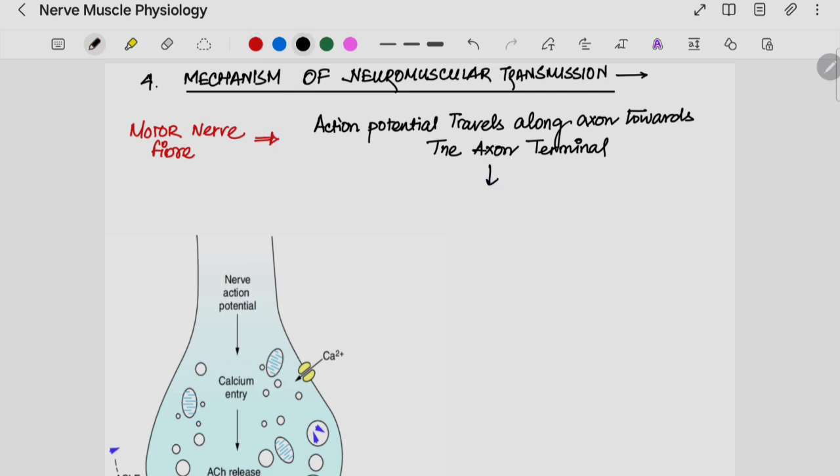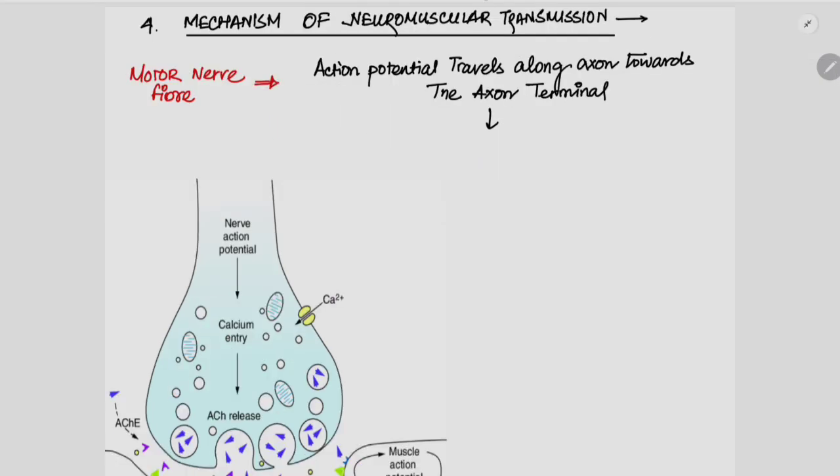Then, opening of voltage gated calcium channels. Why? Because the action potential is coming down to the axonal terminal and the intracellular positivity increases, due to which the voltage gated calcium channels are opened, due to that intracellular positivity or the depolarization in the axonal terminal.